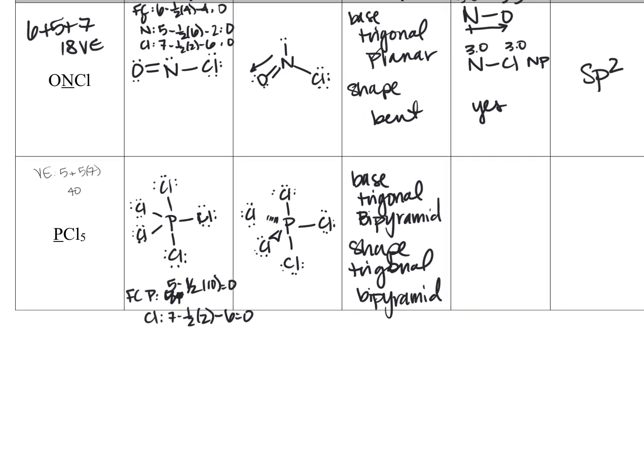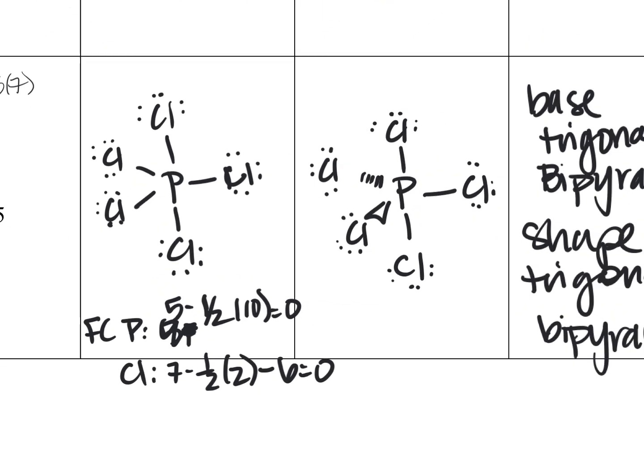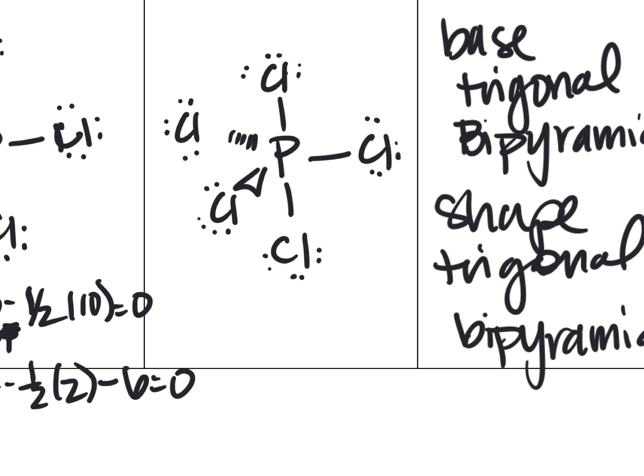Now, in order to ask about polarity, we have the PCl bond. Chlorine has an electronegativity of 3.0, phosphorus is 2.1. So this is a polar bond. However, the arrangement of the polar bonds means that they will all cancel out. I'm going to zoom in on our VSEPR structure and draw them in red.